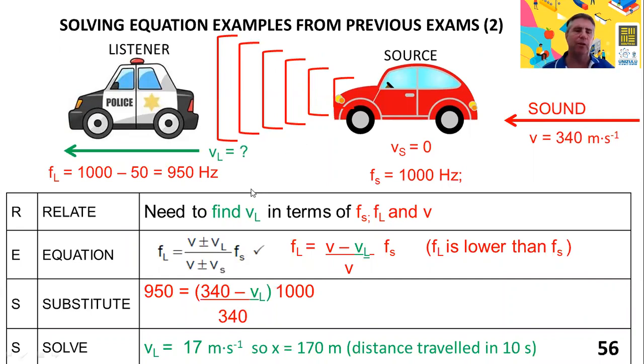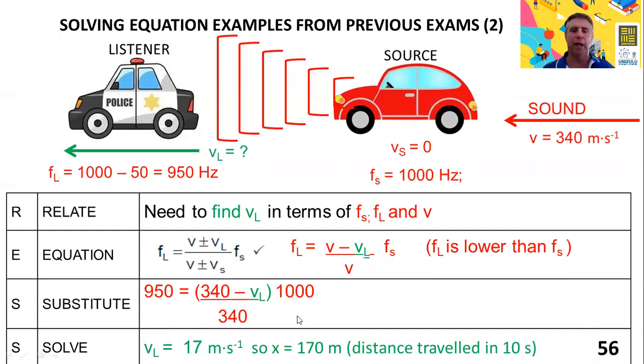We have related things together by finding a correct form of the equation here. And we know that's correct because the frequency observed by the listener is lower than the frequency of the source. Substitute in 950, the frequency of the listener, 1,000, the frequency of the source, speed of sound, and we solve that carefully for VL, the velocity of the listener, and we'll get an answer of 17 meters per second.